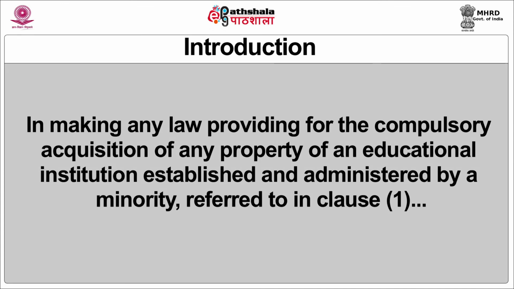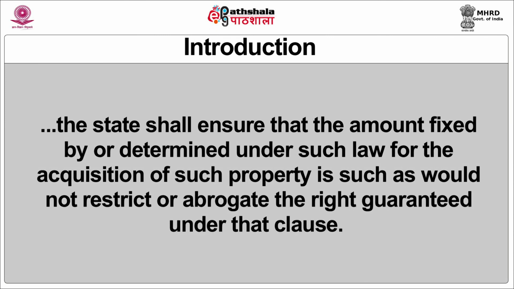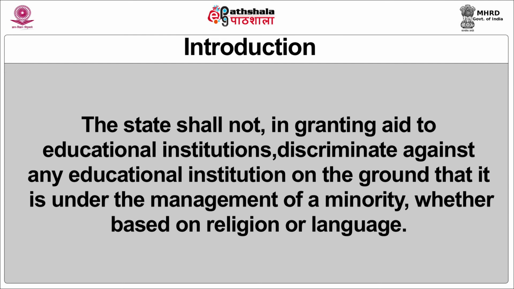In making any law providing for the compulsory acquisition of any property of an educational institution established and administered by a minority referred to in Clause 1, the state shall ensure that the amount fixed by or determined under such law for the acquisition of such property is such as would not restrict or abrogate the right guaranteed under the clause. 2. The state shall not, in granting aid to educational institutions, discriminate against any educational institution on the ground that it is under the management of a minority, whether based on religion or language.